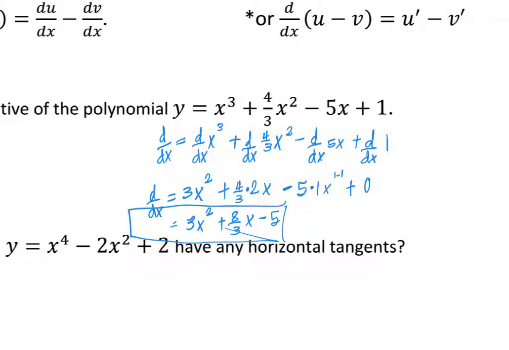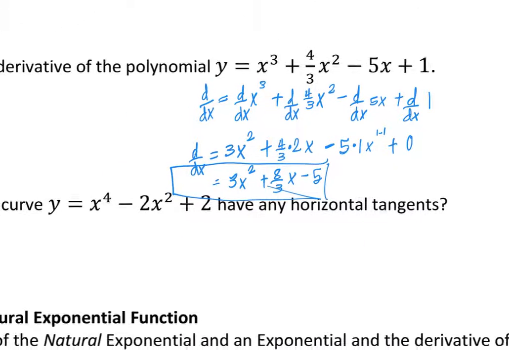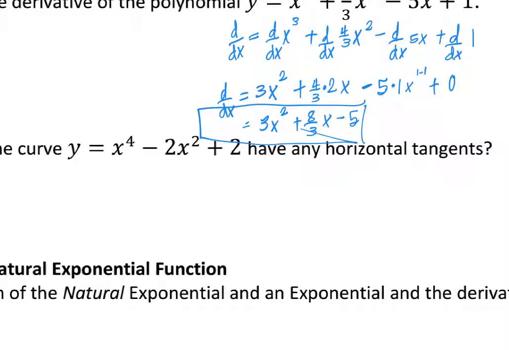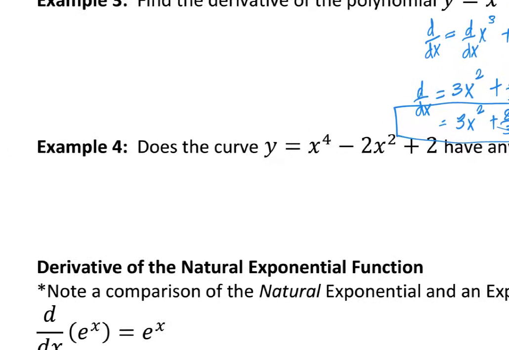Now, does the function, or the curve, x to the 4th minus 2x squared plus 2 have any horizontal tangents? Well, what you have to do is find the derivative and set the derivative equal to 0 and solve for x.